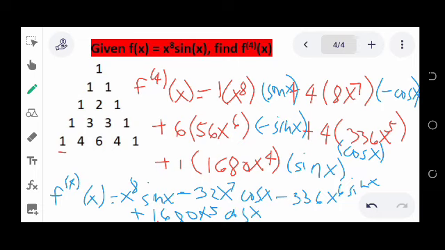And finally you have plus 1680x to the 4th sine x. So that is now the final answer. You can factor out the common factor for x, but regardless of that, we're able to get the answer for the fourth derivative of this function.